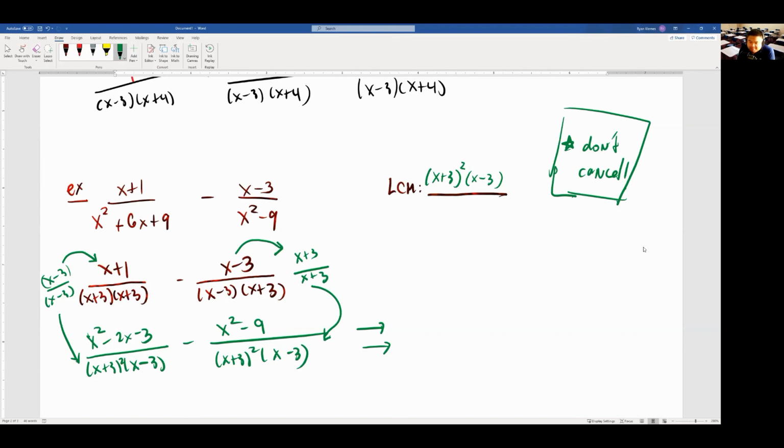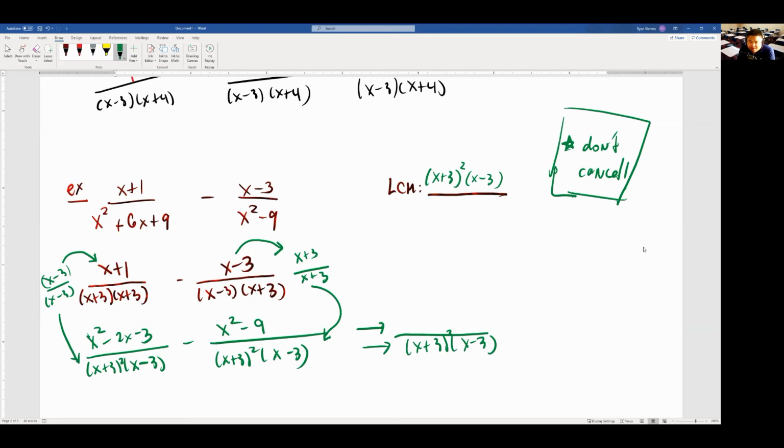That answer your question, Dahlia, before I finish the problem? So this minus this. Notice, again, we're not touching the bottom at all, because, like in adding fractions, this is just going to stay the same.